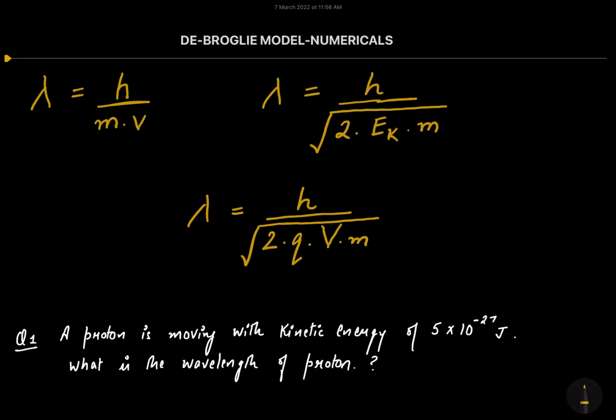Here the lambda is equal to h upon mv. This is the small v, that stands for velocity of moving particle. The capital V stands for potential difference that we have applied to accelerate that charged particle, and small m is the mass of the moving particle.